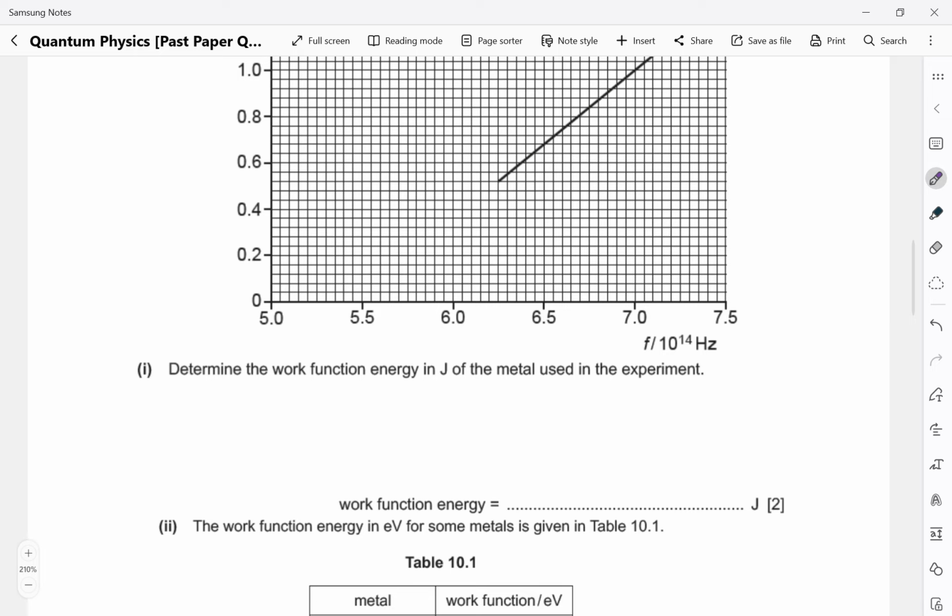We know from Einstein's photoelectric equation that the energy of a photon, hf, is equal to the work function energy phi plus the maximum kinetic energy Emax.